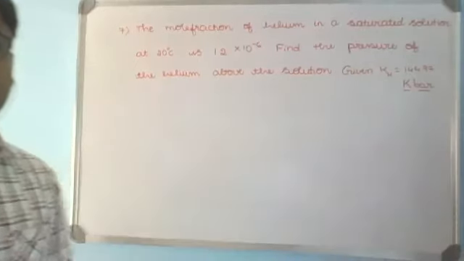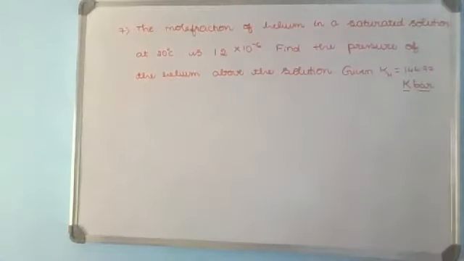We'll continue with the next problem now. The mole fraction of helium in a saturated solution at 20 degrees Celsius is 1.2 into 10 to the power of minus 6. Find the pressure of the helium above the solution, given KH is equal to 144.97 kilobar.